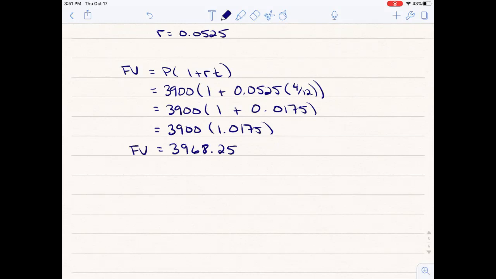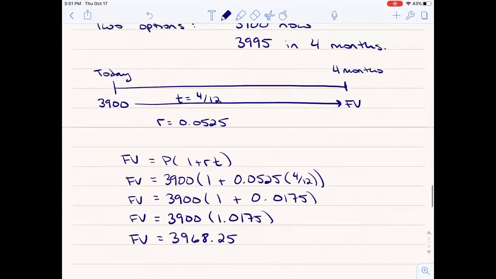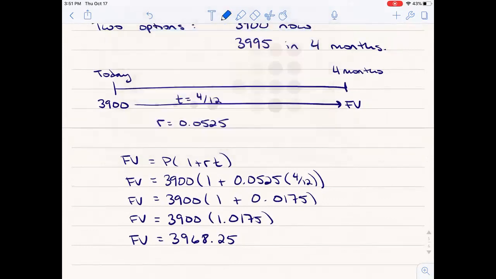So the future value, I'll just jot it down as a little side note, is 3968.25. Okay, so 4 months from now, would you rather pay 3968.25 or 3995?